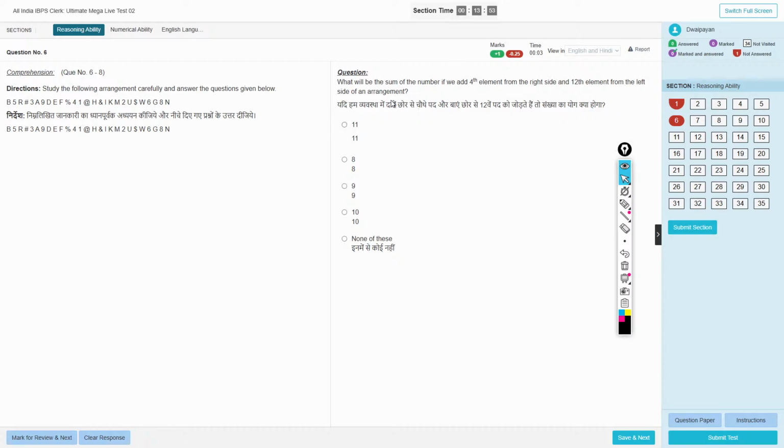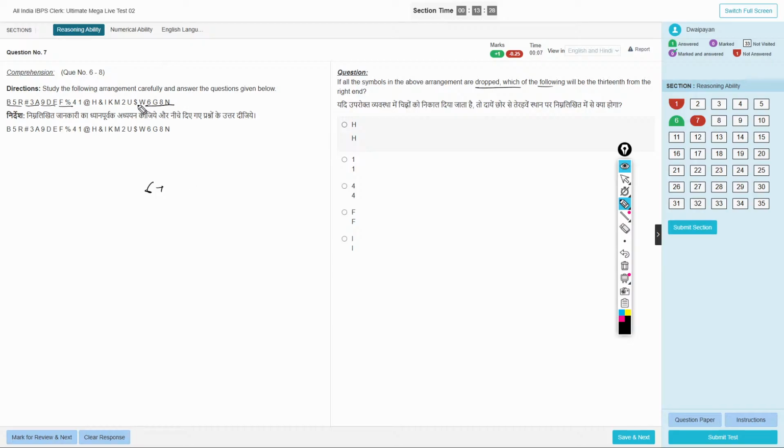Bad question. What will be the sum of the numbers if we add fourth element from the right side and 12th element? So 6 plus 3, 3, 3, another 3, 4. So 10. My exam is already completed. If all the symbols are dropped, which of the following will be 13 from the right end?